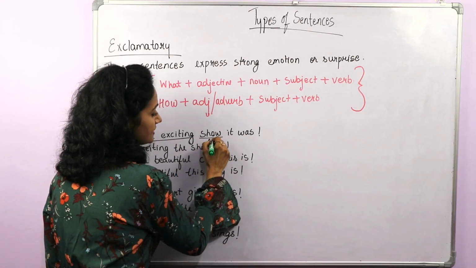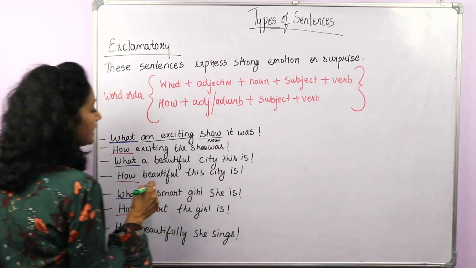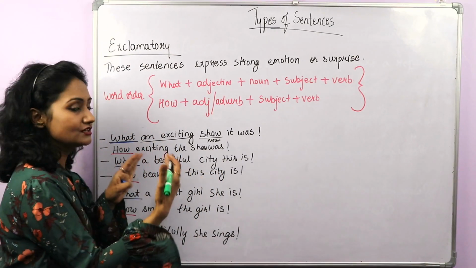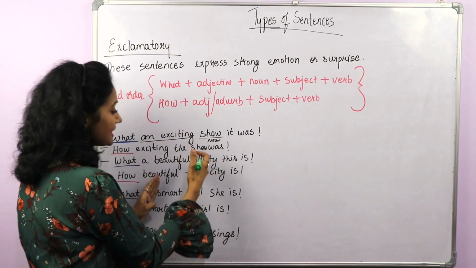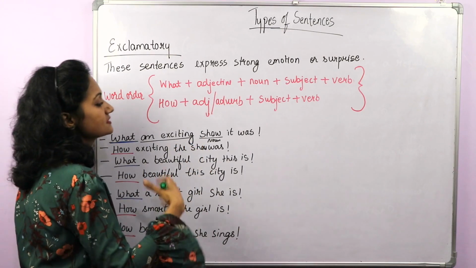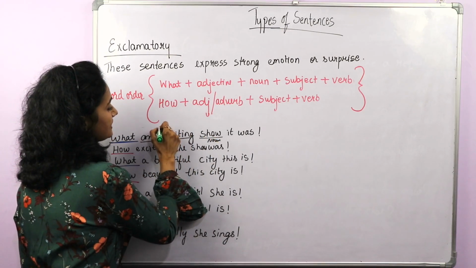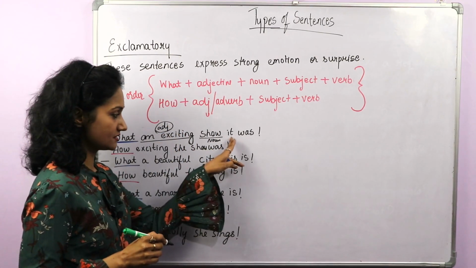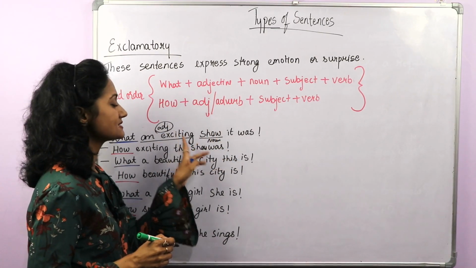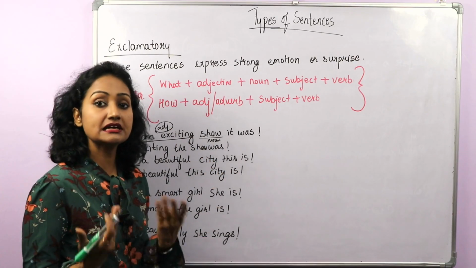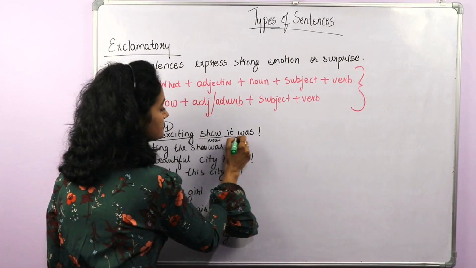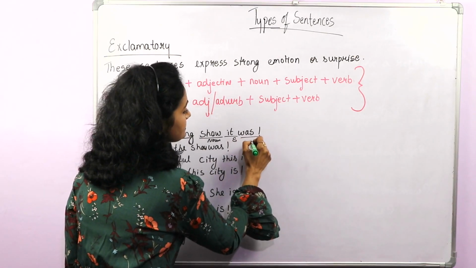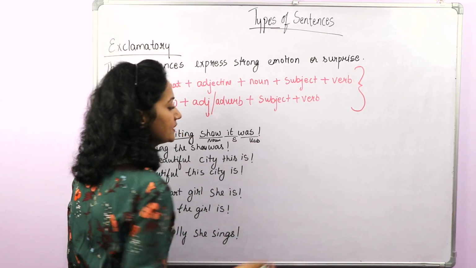Show is a noun, and an exciting, this word is describing the noun. So this is an adjective. And it was an exciting show. We are talking about it, so it is the subject here and was is the verb, helping verb.